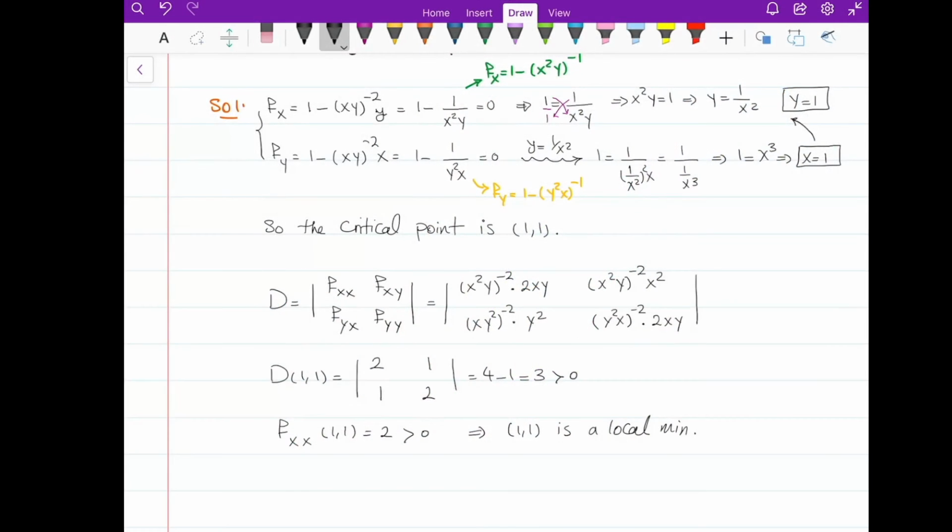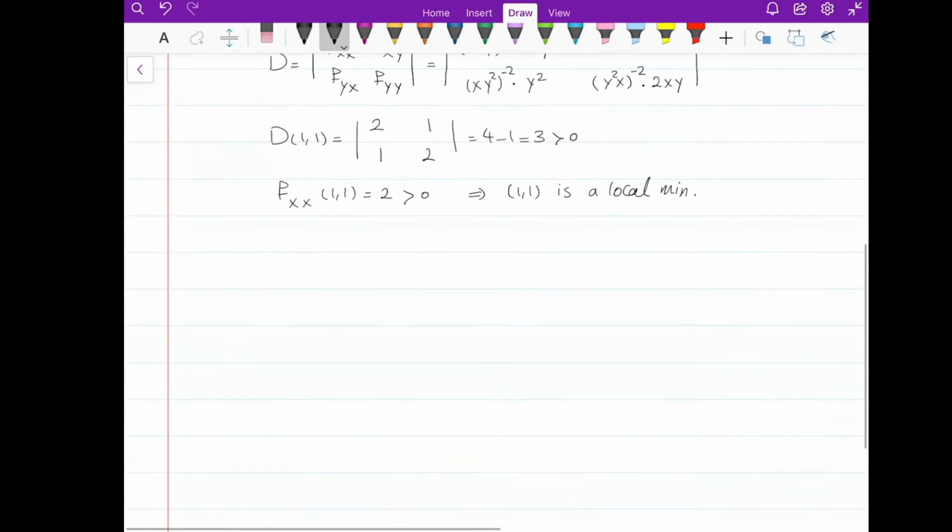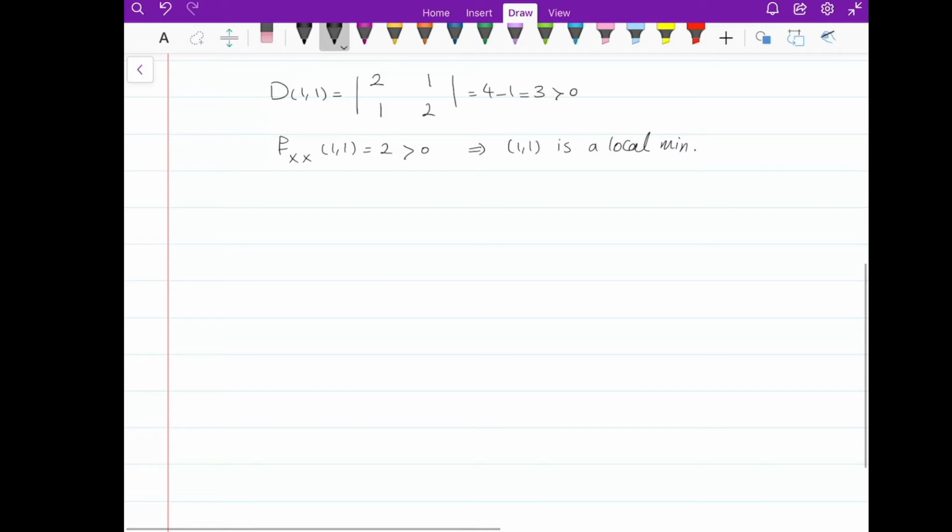So let me write this. The point 1, 1 is also the global min of f on the domain D where x and y are positive.